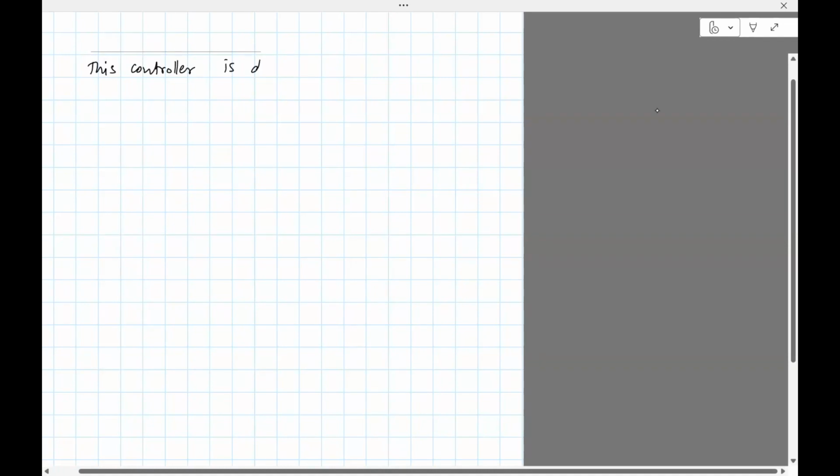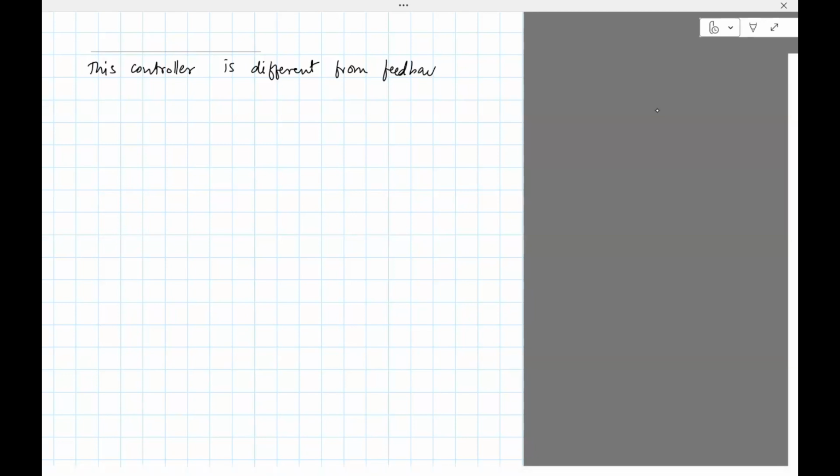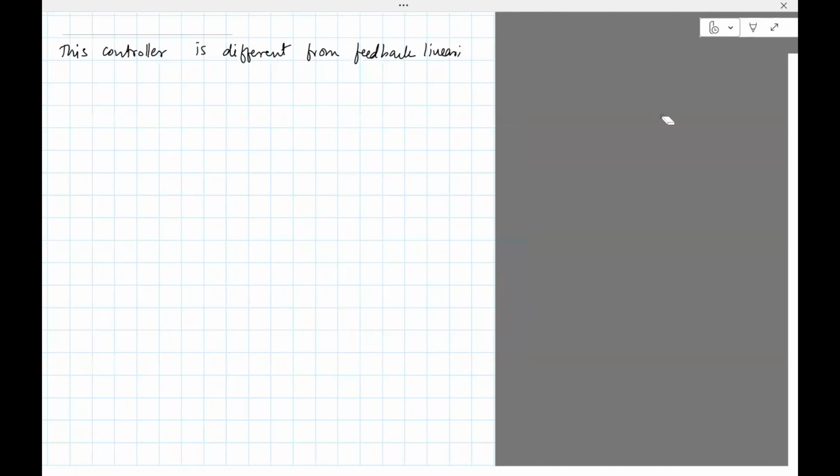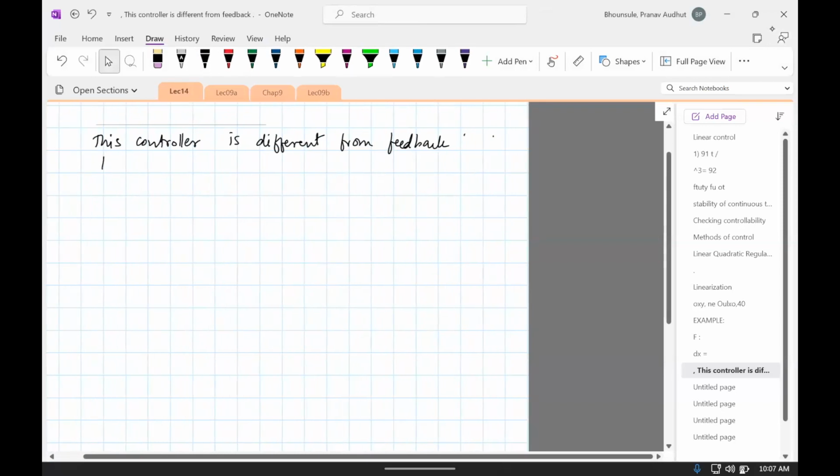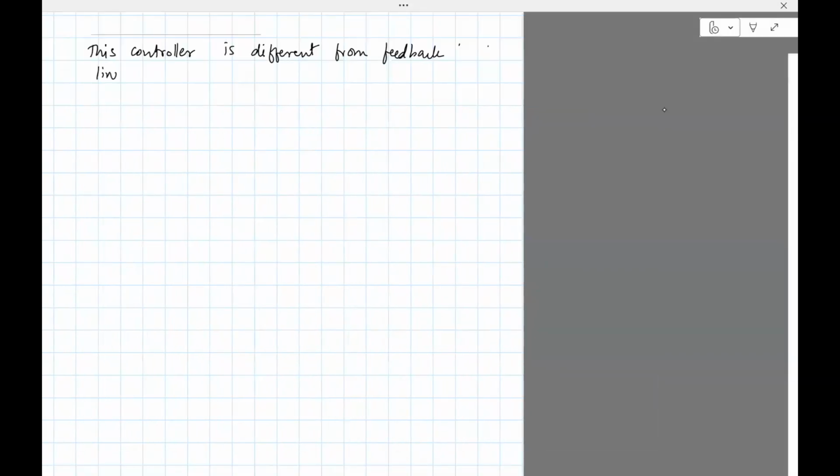So this controller is different from feedback linearization.